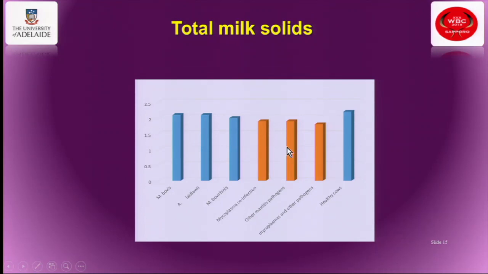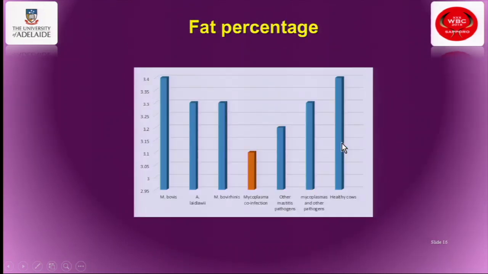Also, total milk solids decreased significantly in similar groups in comparison with the healthy cow group. Fat percentage was significantly decreased just in the co-infection mollicutes group. However, no differences were observed in all other tested groups.